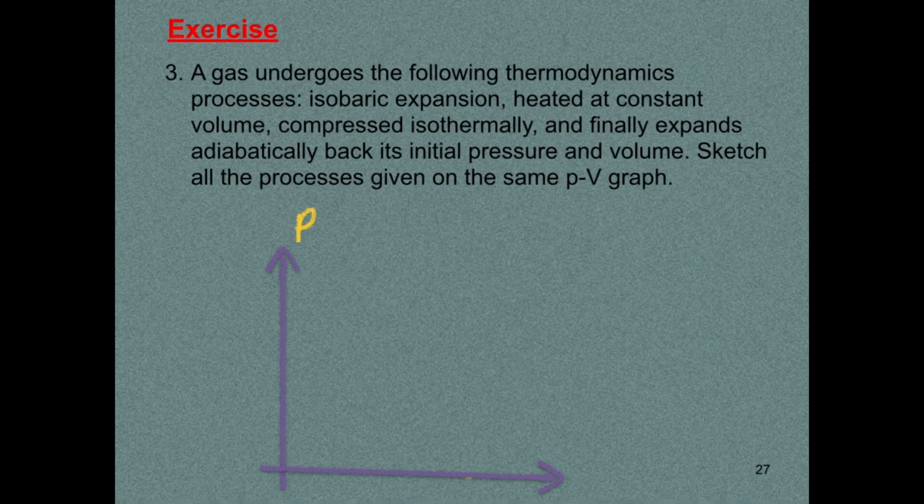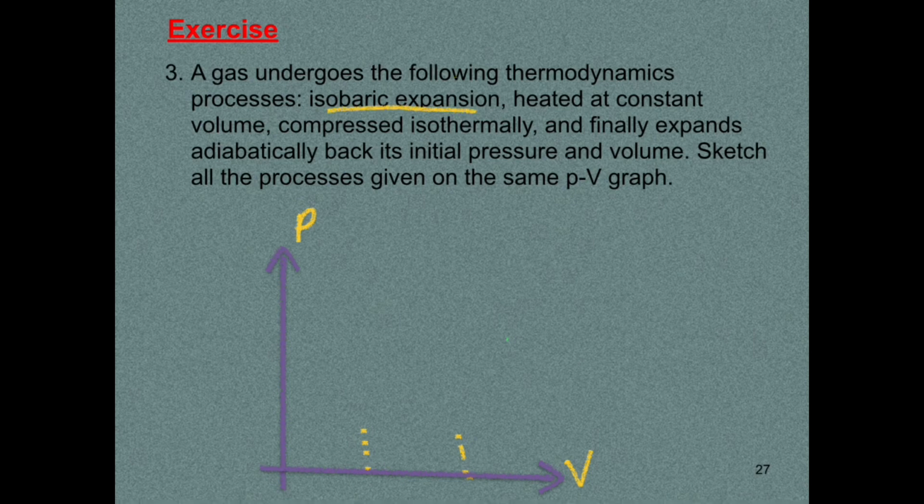Okay, this is the last example for the subtopic. A gas undergoes the following thermodynamic processes: isobaric expansion, heated at constant volume, compressed isothermally, and finally expand adiabatically back to its initial pressure and volume.